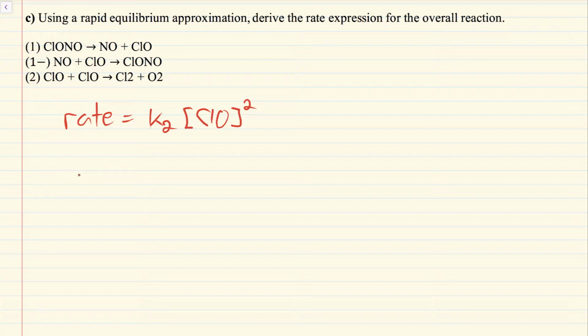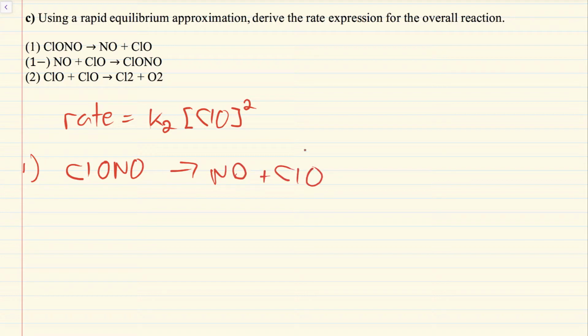So one thing we can do is, looking at our first reaction, ClONO goes to NO plus ClO, and this is K1, and our reverse reaction is simply the reverse of this reaction.